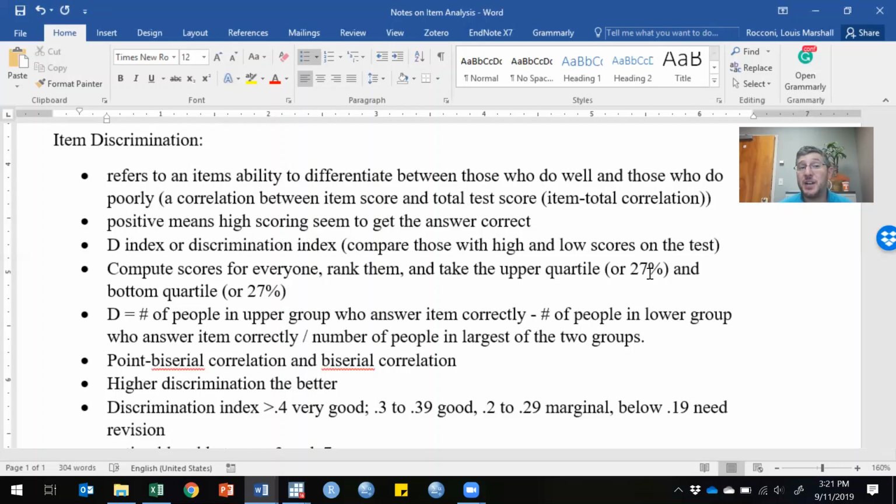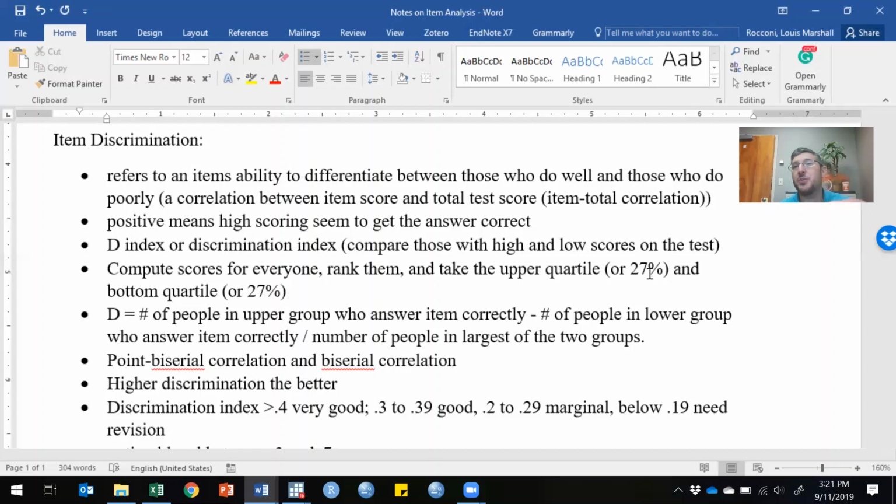We can also measure this with a correlation. This would be either the point biserial correlation or just a biserial correlation. This is basically a correlation between a dichotomous variable and a continuous variable, right?